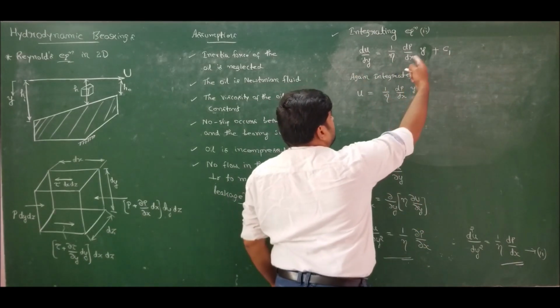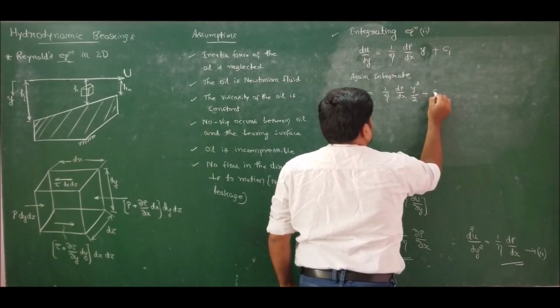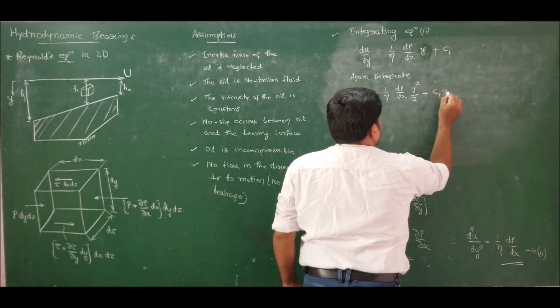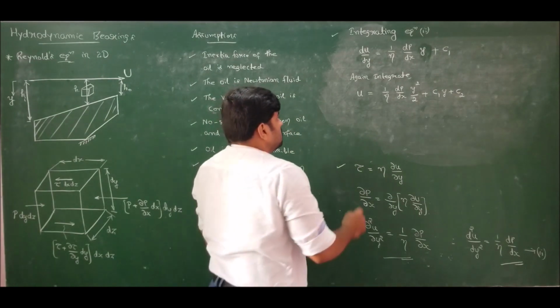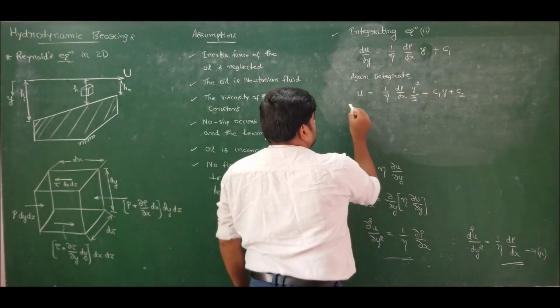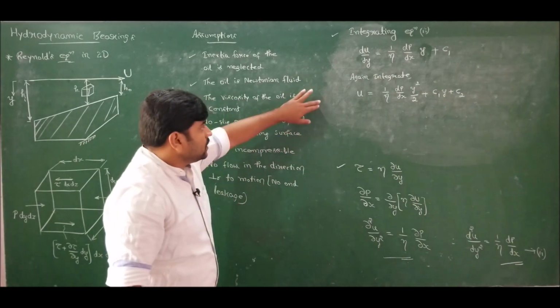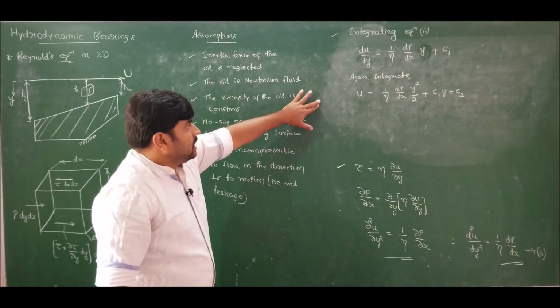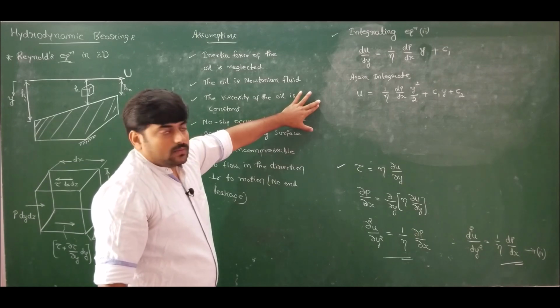Now again if I integrate with reference to y, I will get y square by 2 plus c1 into y plus c2, constant of integration. So I got the equation for this one like this: u is equal to 1 by eta dp by dx y square by 2 plus c1y plus c2.